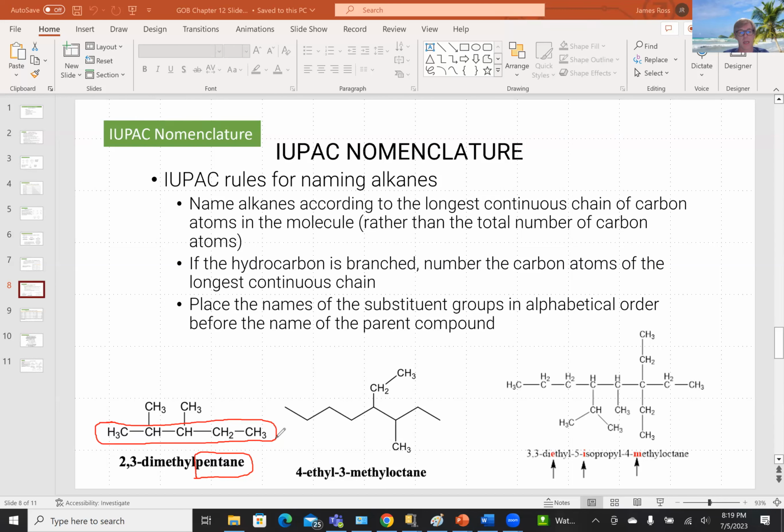So I've got a pentane trunk of my tree, and then I've got branches. Let's identify the groups, the alkyl groups or the branches.